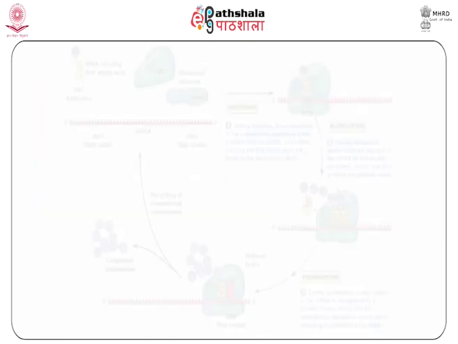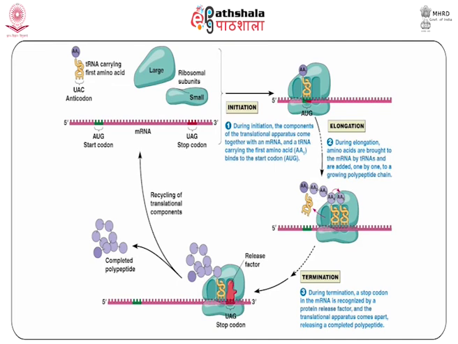Steps involved in translation. There are 3 steps involved in the translation process, which are initiation, elongation, and termination. First step in the process of translation is initiation. Firstly, the mRNA attaches itself to a small subunit of ribosomes at the initiation codon sites, and first tRNA attaches.